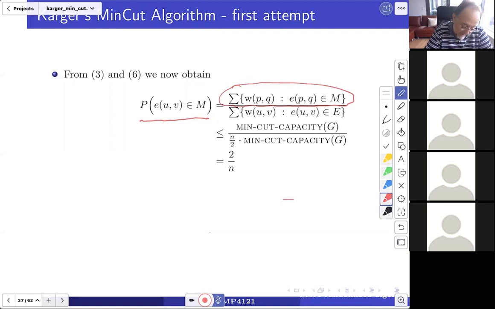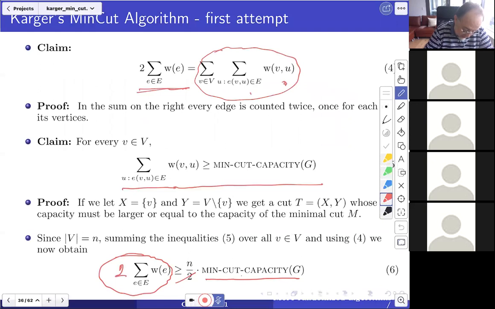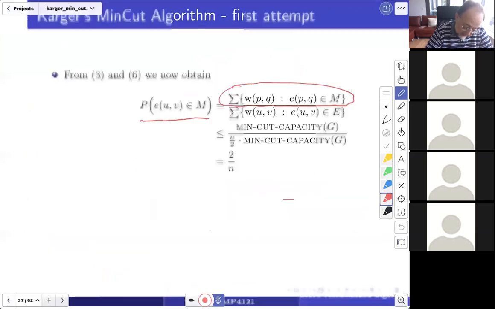So just from this inequality, we are replacing this with n times min cut capacity of G, and we get this. Okay, so we proved that the probability to mess up after a single contraction is at most 2 over n.